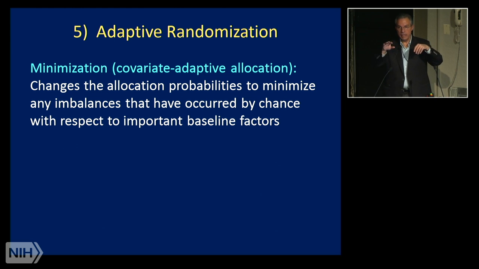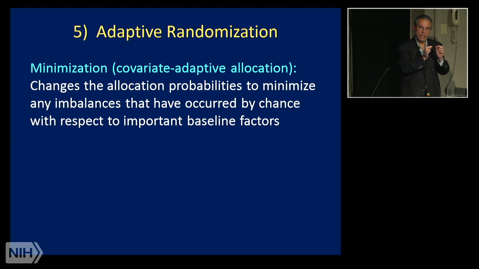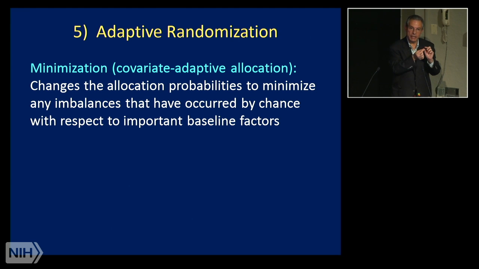You say, whoa, I'm starting to see more women in A than in B. So I change the probabilities so that the next woman goes to B with a higher probability. I'm not fixing for sure where it's going to go. I'm tweaking the probabilities, so it's still unpredictable.